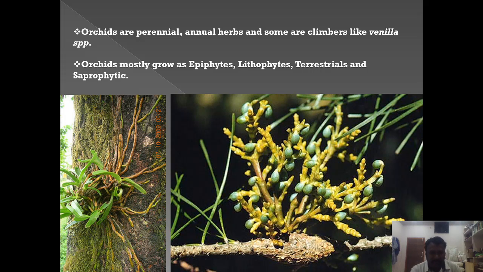Here we can clearly observe the velamen roots on the host, whereas in this picture no roots are present. So hence it's a parasite, and the other is an epiphyte.